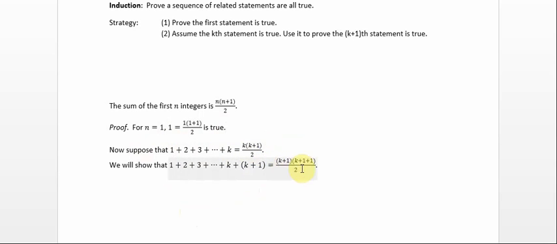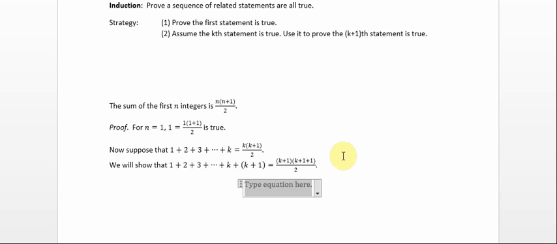Since we generically prove that each one automatically gives you the next one, I always liken it to a line of dominoes. If you knock the first domino down, and then you prove that each domino will hit the next domino, then you knock all the dominoes down. So that's what we're doing. But we have to get from here to here. Normally I wouldn't write this. This is just so we know what our target is. But now let's get to it.